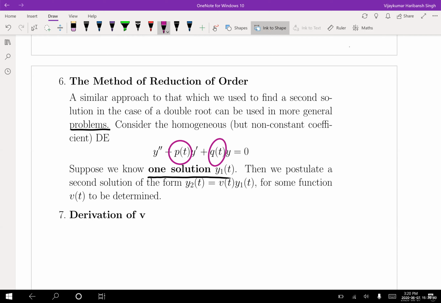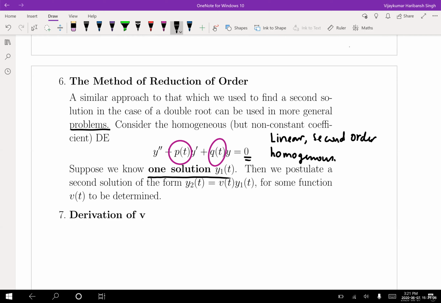It's still linear though, still second order, and homogeneous as well, because this is 0.